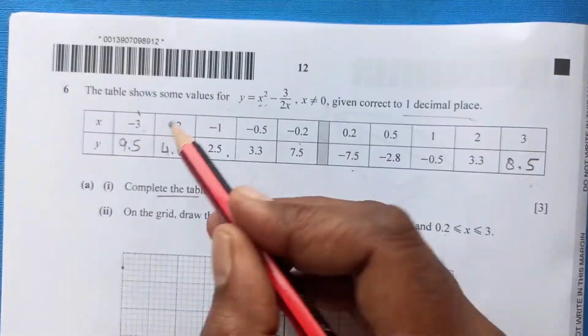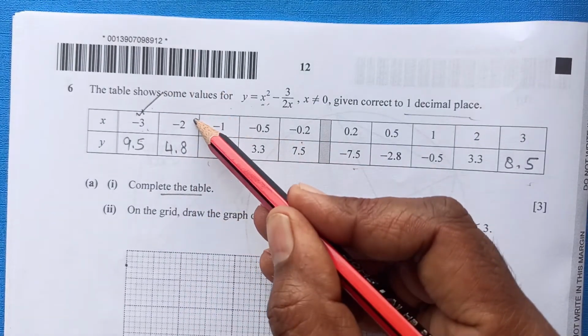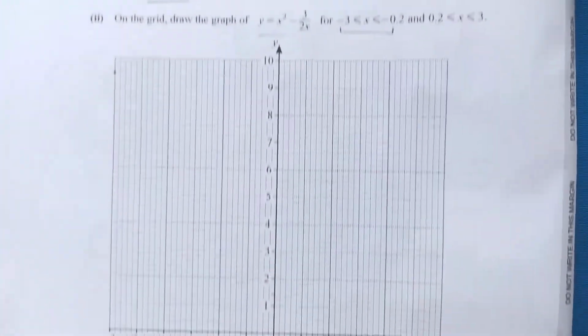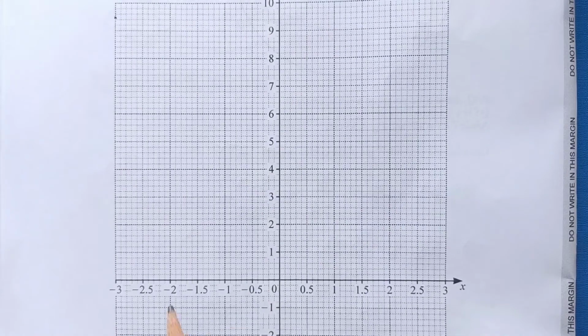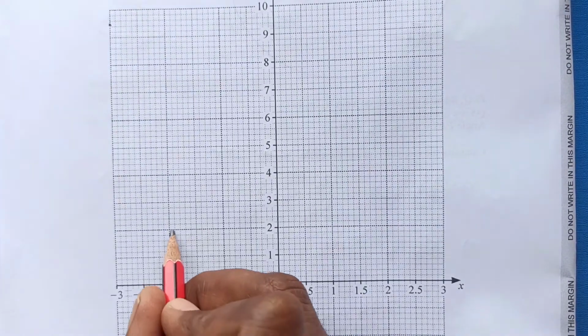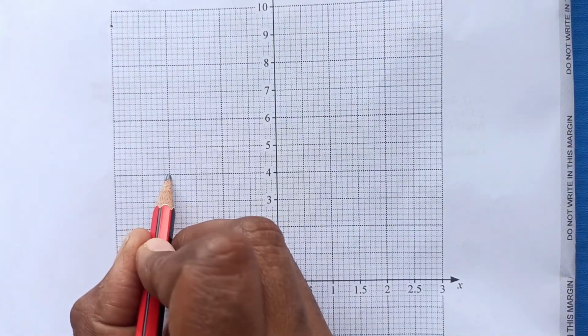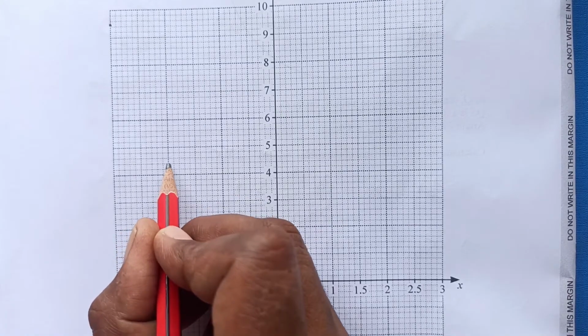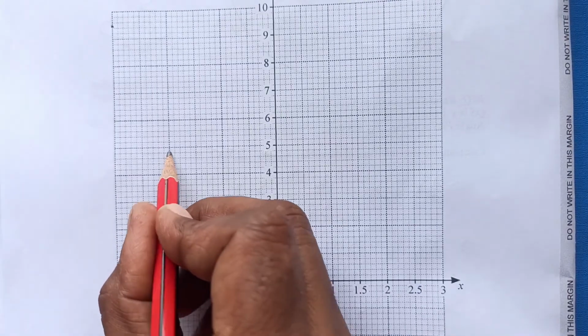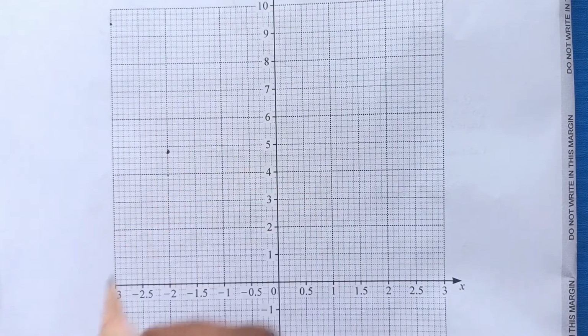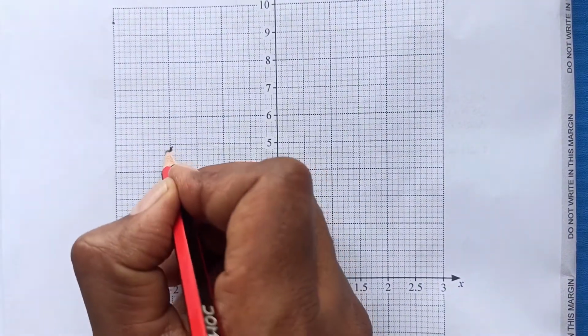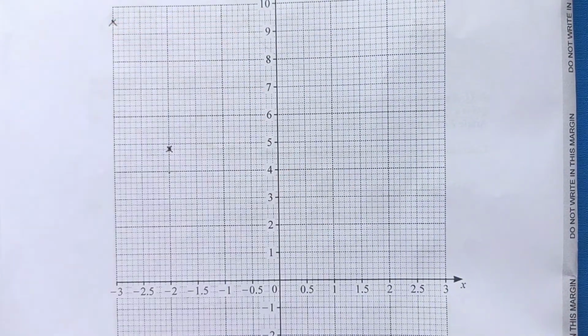Second, negative 2 and 4.8. Negative 2 is here, and for 4.8, this is 4.2, 4.4, 4.6, 4.8. So this is the point, and we can even put a cross here.